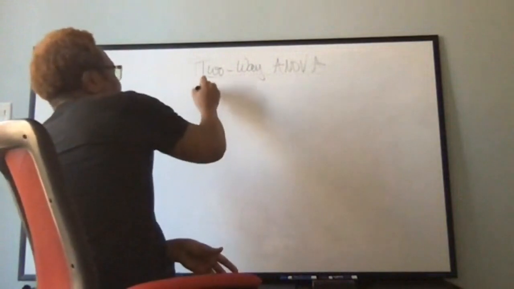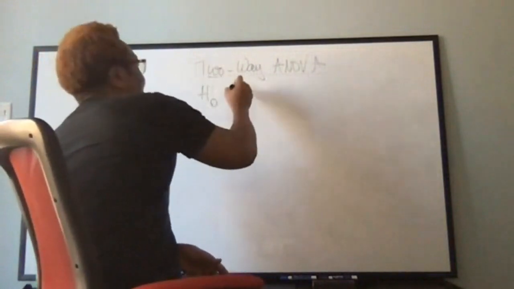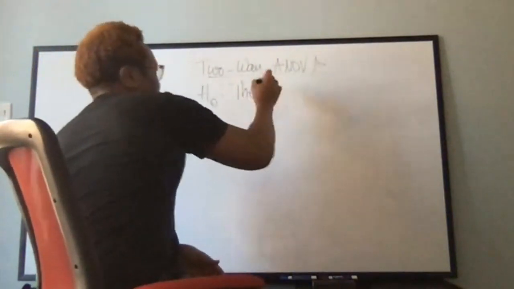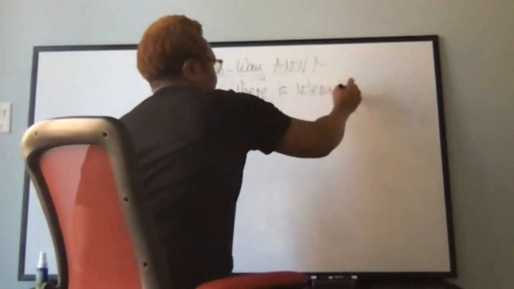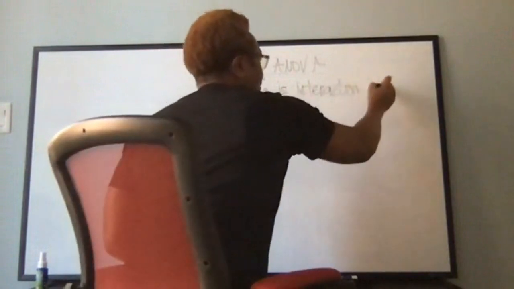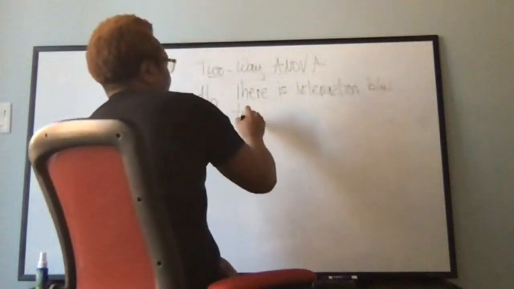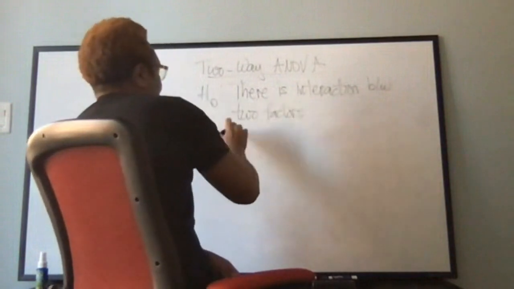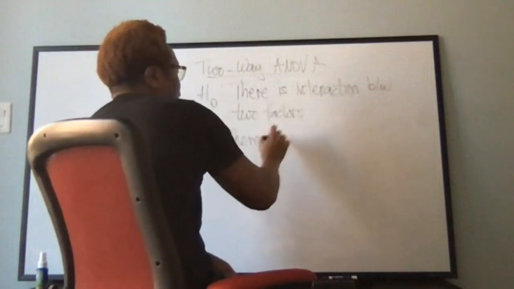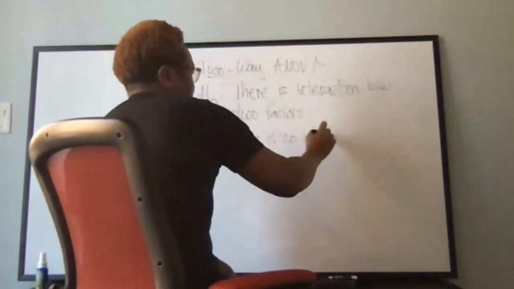And this kind of involved this notion of interaction. There is interaction between the two factors. In x of 1, there is no interaction.